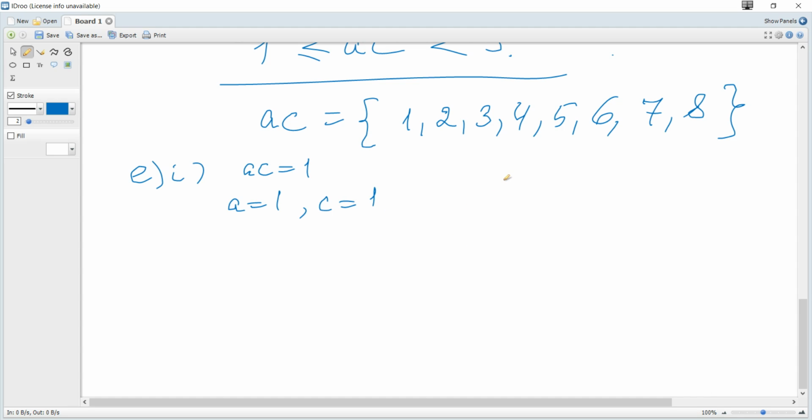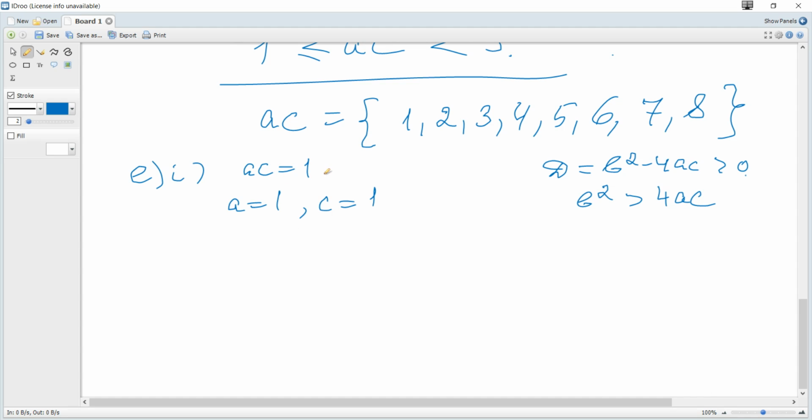And since we need 2 distinct roots, there must be discriminant B squared minus 4AC greater than 0, or B squared must be greater than 4AC.